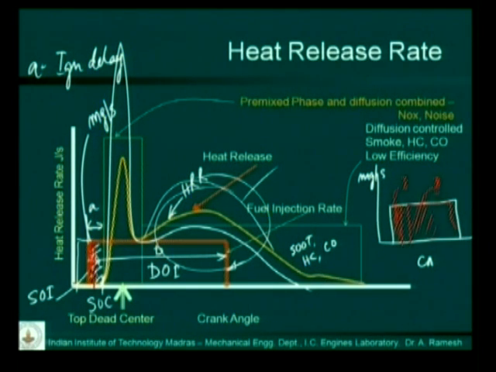So the amount of fuel that is staying inside the cylinder during the ignition delay period becomes small. So at the end of the ignition delay period, only that fuel will burn, so the premix will come down. And after the premix combustion starts, you start pumping the fuel once again in the second phase, and you pump it so that the diffusion combustion can be efficient. So this is the way in which the modern diesel engine is controlled.